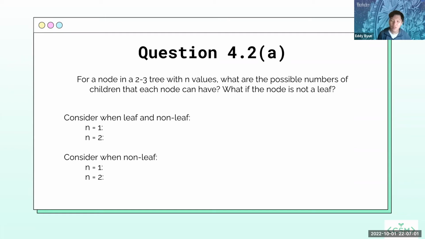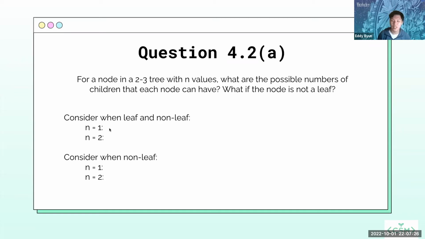So let's consider the case when n equals 1, so when there's only 1 element in a node. Recall that one of the characteristics of a 2-3 tree is that when there is only 1 element in a node, it can only have either 0 children or 2 children. So that's what we have here.